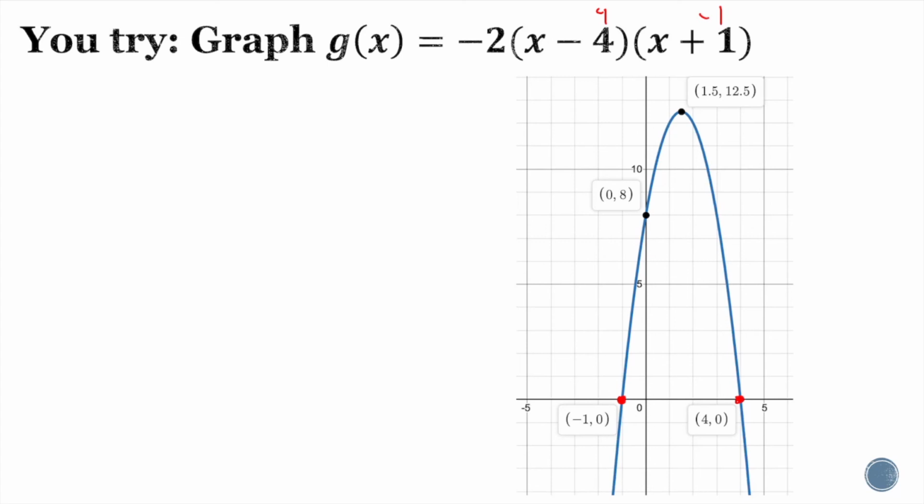The graph opens down because a is less than 0, as you see here. It's a big negative. The axis of symmetry, you should have gotten x is equal to 1.5, with this being your vertex.